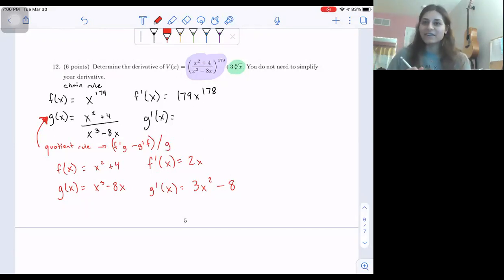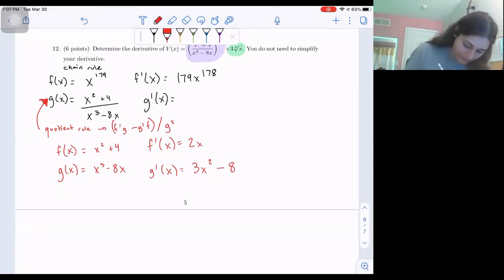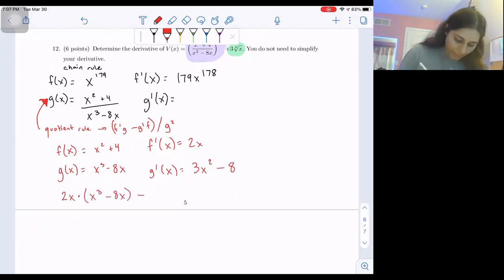Okay, so I wrote out the quotient rule, and then I think I missed something. G squared. Yeah. Okay, now I'm just going to plug that red stuff into the quotient rule, and I should come out with g prime x in black. So f prime x is 2x multiplied by g, that's x cubed minus 8x, minus g prime x, so that's 3x squared minus 8, and multiplied by f, that's x squared plus 4.